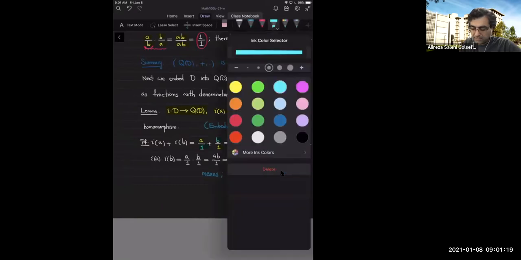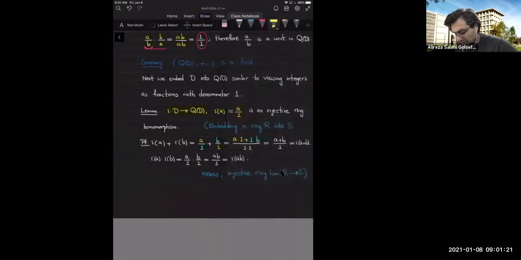So all together, we end up getting precisely a plus b over 1. That's i(a plus b). Now, i(a) times i(b), when you write it down, you see that it is i(ab). So it's a ring homomorphism.